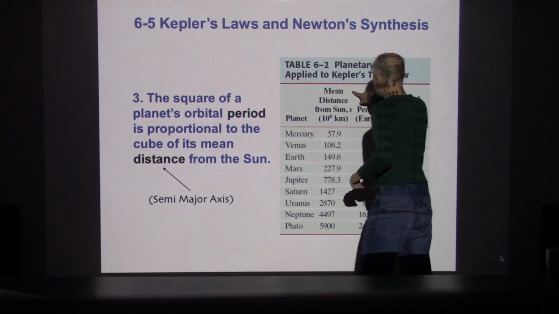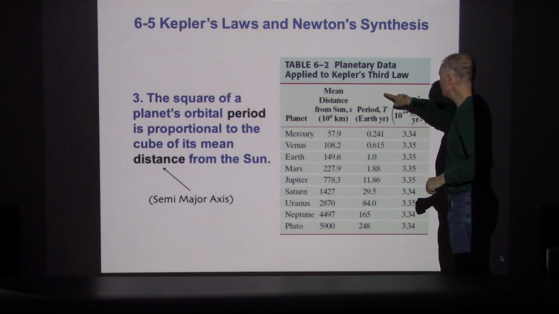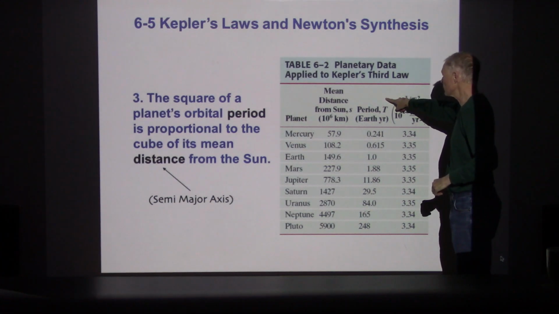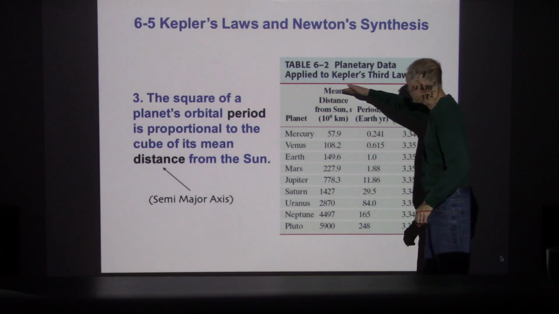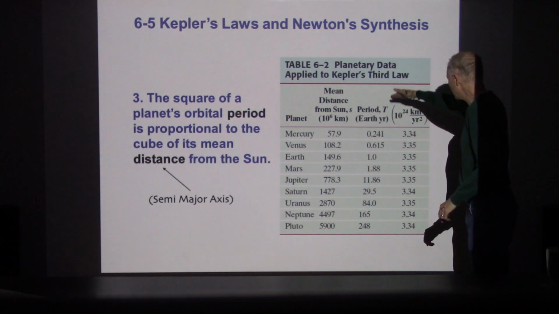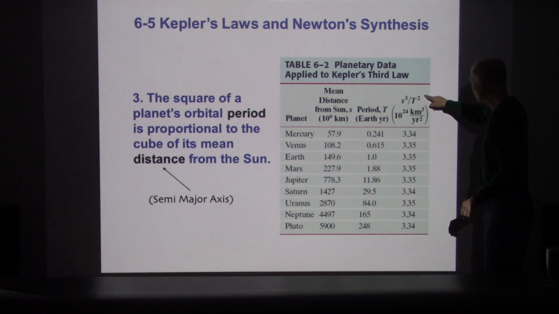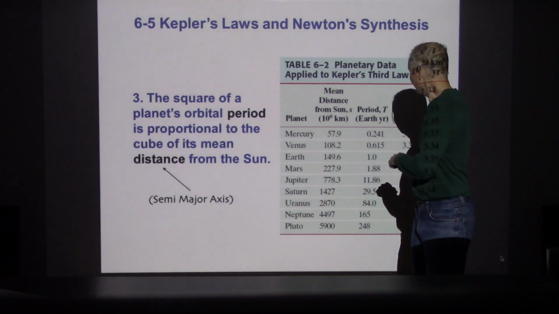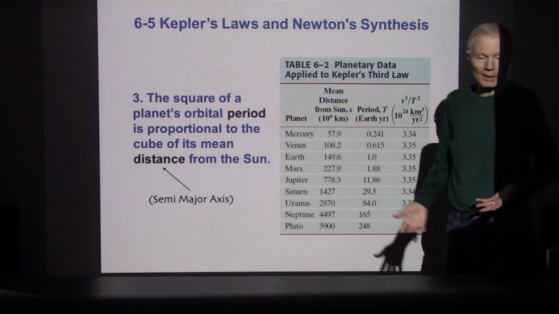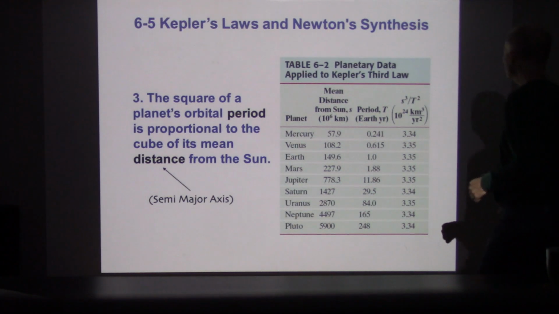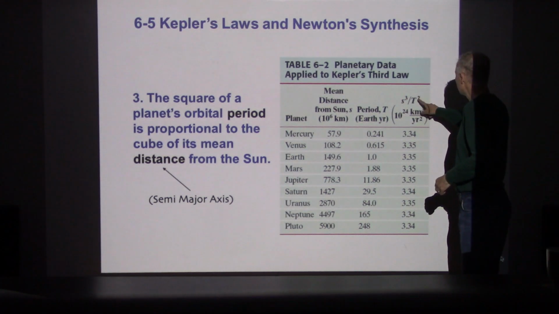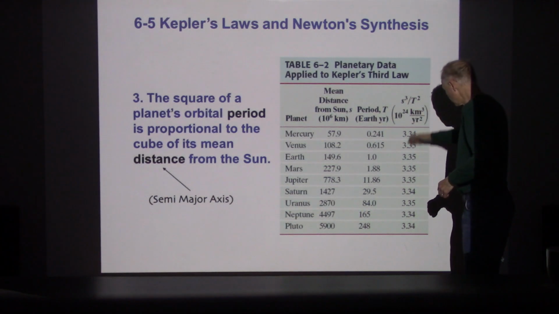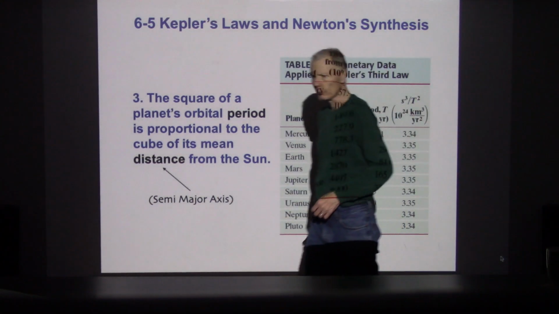If we take the mean distance, here it is, and then here is the period in Earth years. So this is the distance from the sun and the period in Earth years, and when you put those values in, it turns out that that's the number you get for all the planets. So taking s cubed and dividing by t squared gives you the very same number for all the planets.